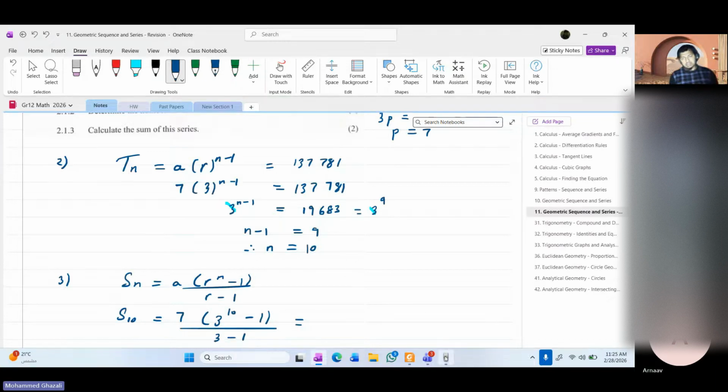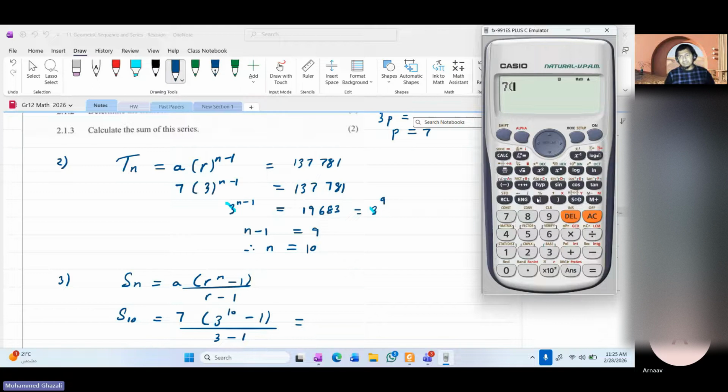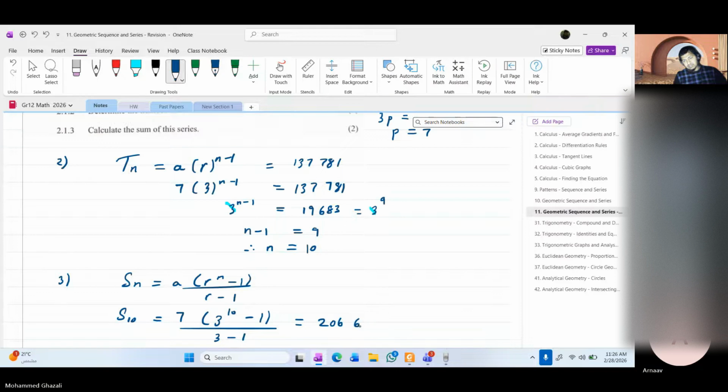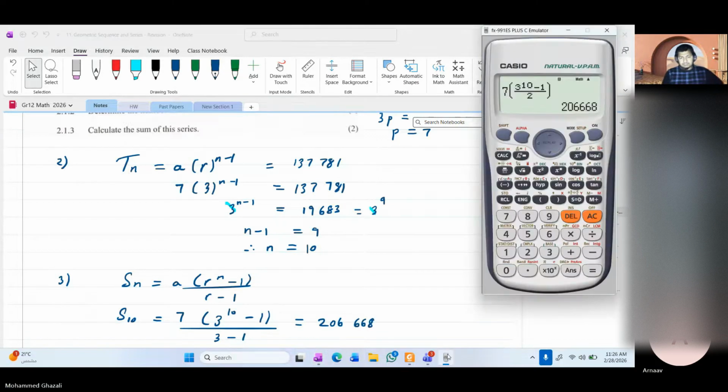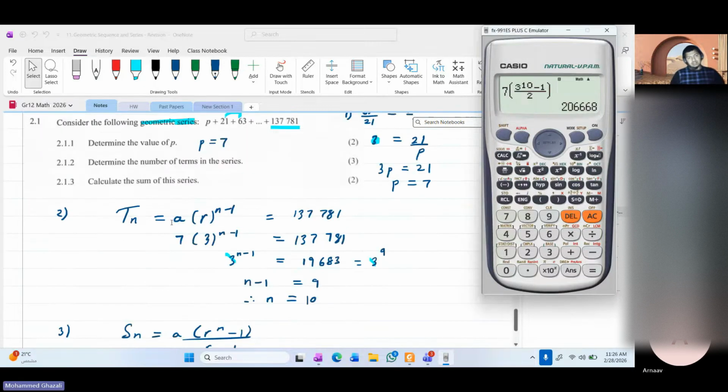Now you can calculate the sum of all these numbers. 7 into 3 to the power 10 minus 1 divided by 3 minus 1 is just 2, right? So I'm just going to put a 2 there. 206,668. Yeah, right. So that's your sum.